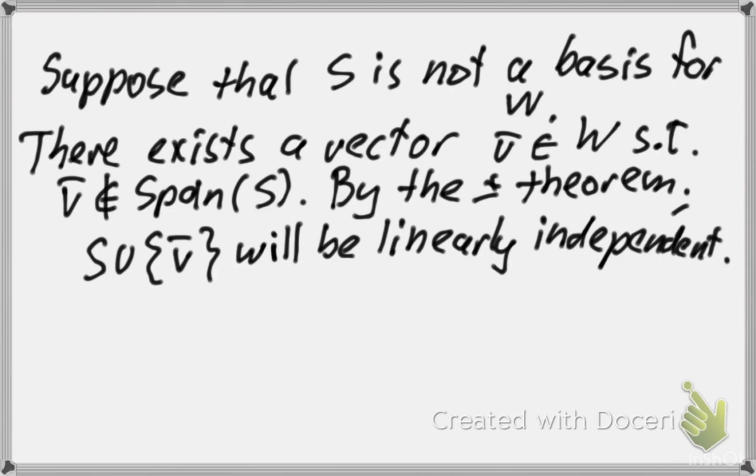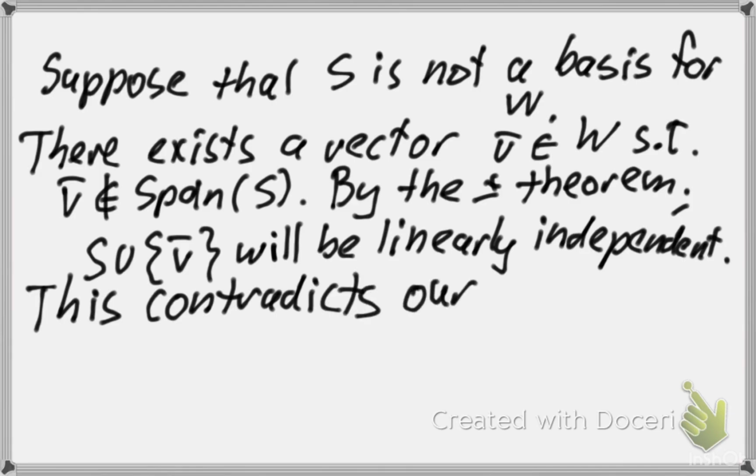But what's the problem with this? We said in the beginning I selected S to be the largest linearly independent set. Now if S is already as large as possible, then there's a problem, because if I add V to S, I'm creating an even larger set than S that's still linearly independent. So this contradicts our choice of S. And what is the choice of S?